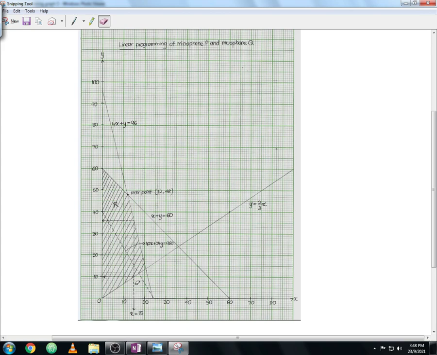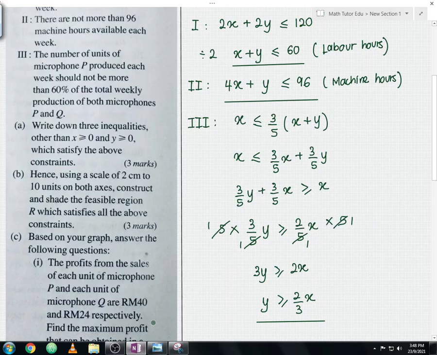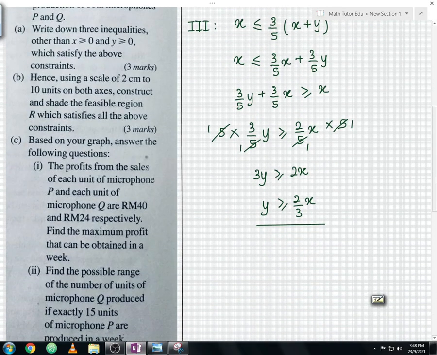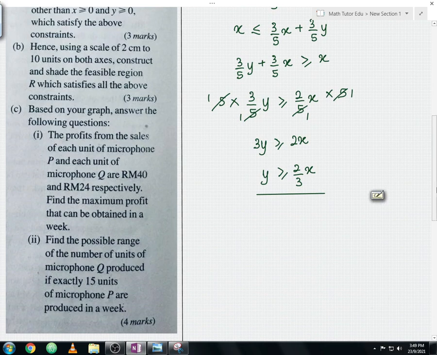From here, let us proceed with our discussion for question part C. Back to our main discussion. For question C part 1, it mentioned the profits for microphone P and Q are 40 ringgit and 24 ringgit respectively. From this statement, we know that we need to come up with the profit equation.